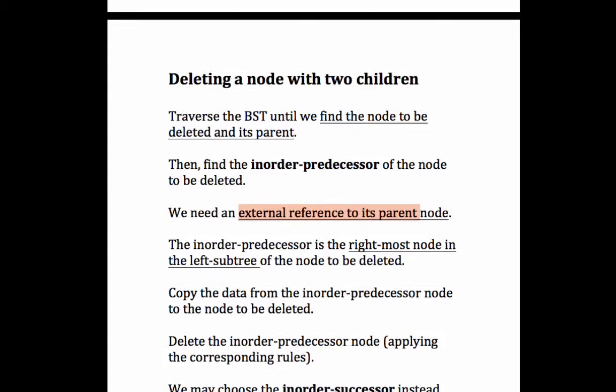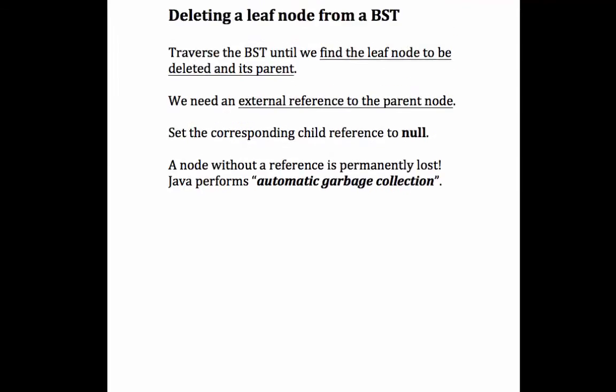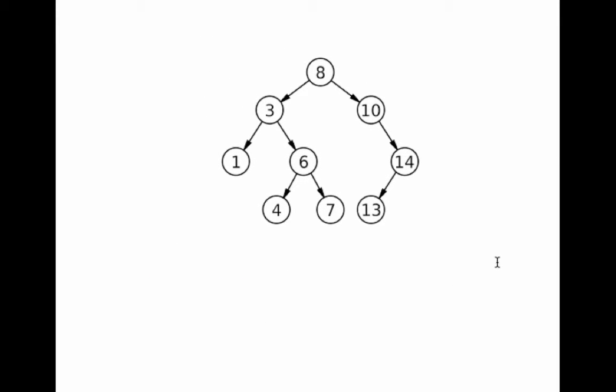So let me show you what that means in this graph that we have here. Let's assume, for example, that we want to delete the node that has 6. Well, 6 has 2 children. So we're going to traverse the tree, we find 6, and at this point we realize that it has 2 children, 4 and 7. So now we need to write another method to find the in-order predecessor of this node that has 6.